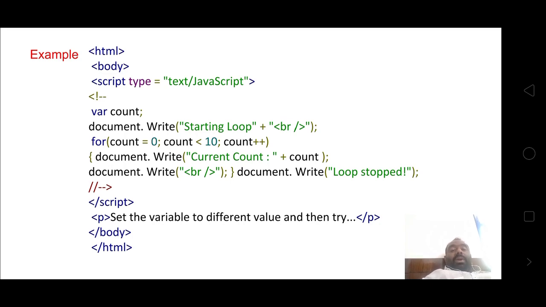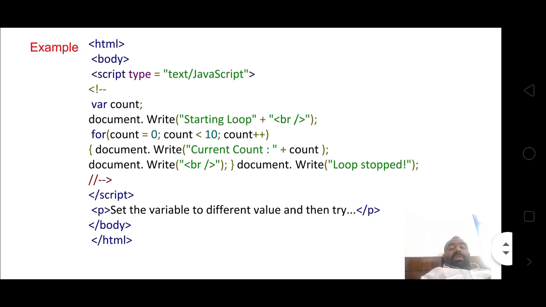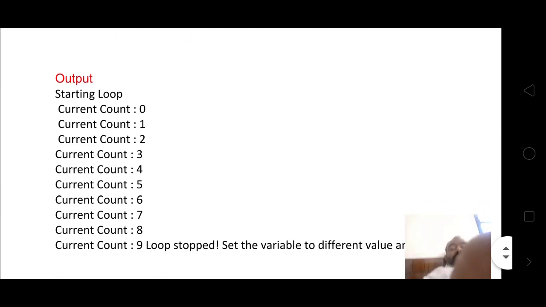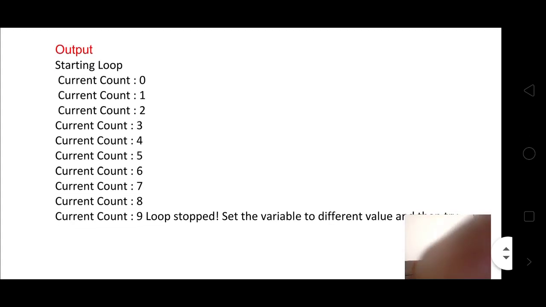Document.write current count plus count, document.write break, document.write loop stopped. Here you see starting loop, loop stopped.